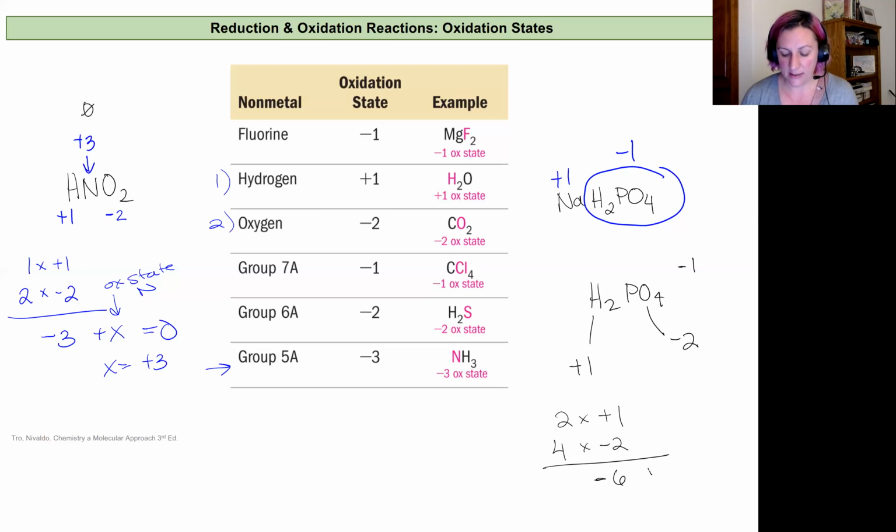So that means to get to an overall -1 charge for this, my phosphorus oxidation state is going to need to be +5. So the oxidation state of my sodium is +1, my hydrogens are +1, my phosphorus is +5, and my oxygens are -2.